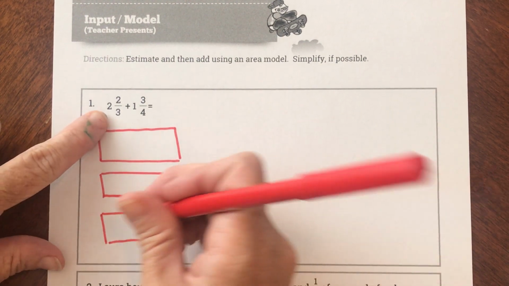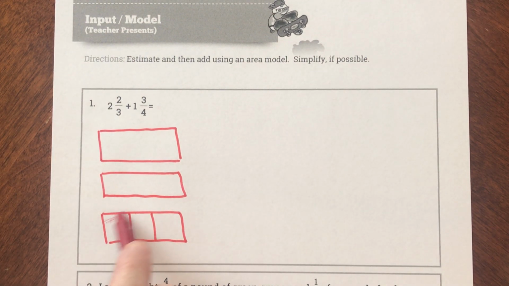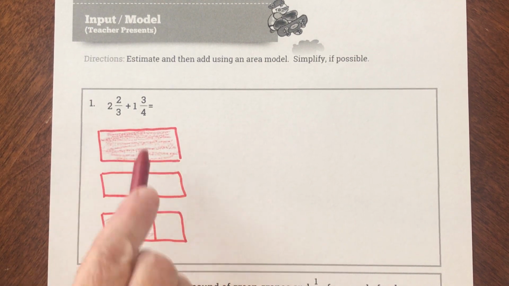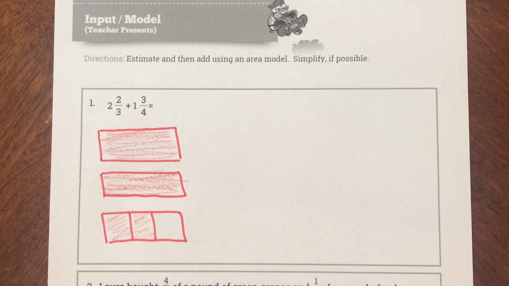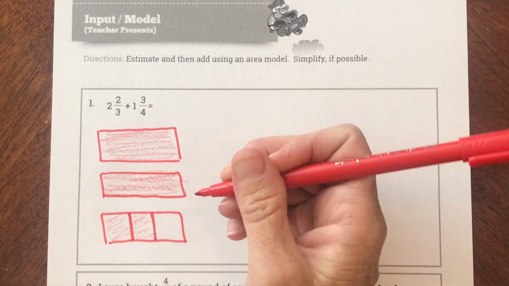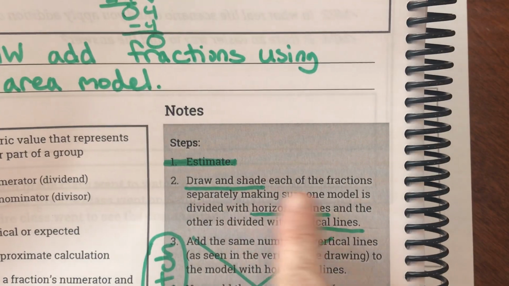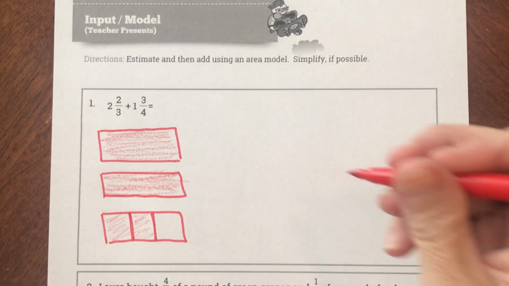So 2/3 means it was cut into 3 pieces and I only have 2 of the pieces. But I have the 2 wholes. Okay, notice that when I cut this, I used vertical lines to cut it. Now in my directions it says I have to draw and shade, and one has to have horizontal lines and one has to have vertical lines.